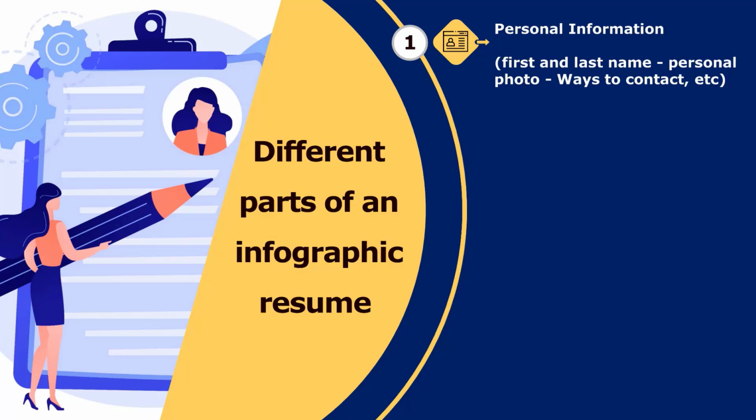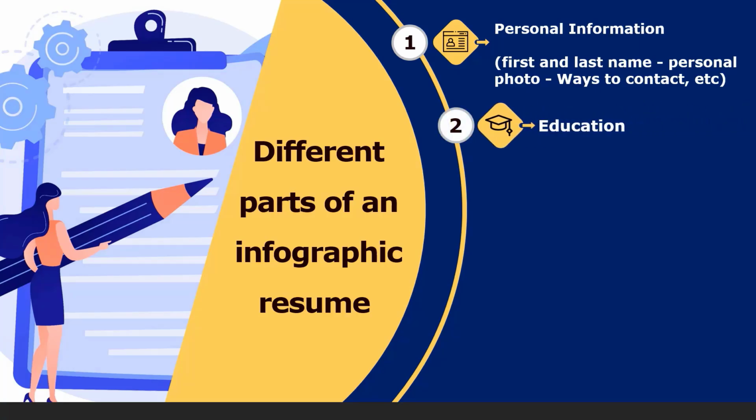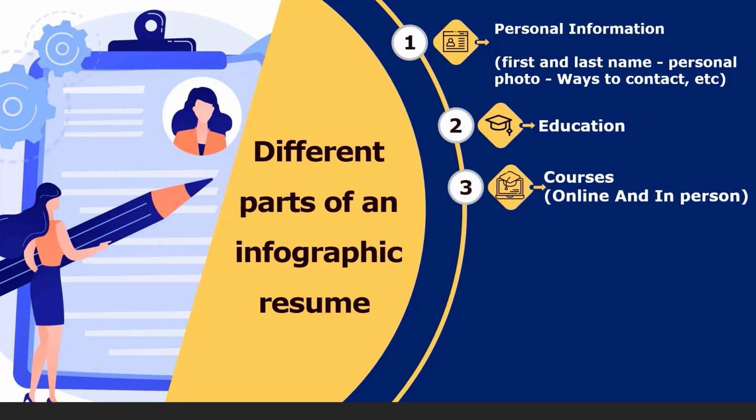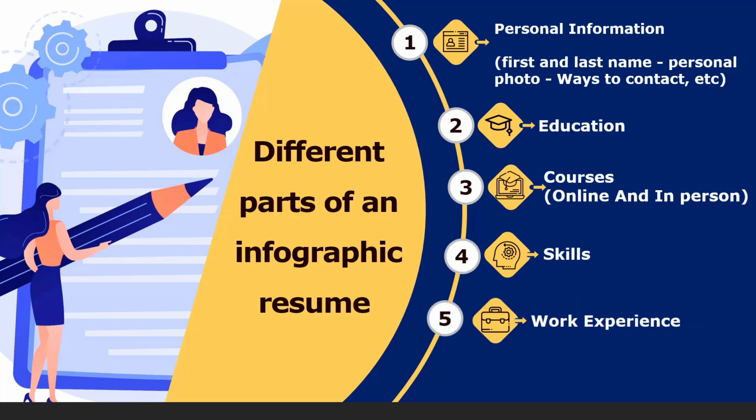And then you can mention your education as well as the training courses that you have passed, whether in person or online, as well as the skills that you have or work experiences. You can even mention your hobbies so that the employer gets to know you better.